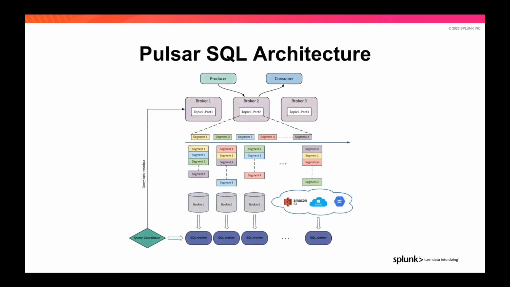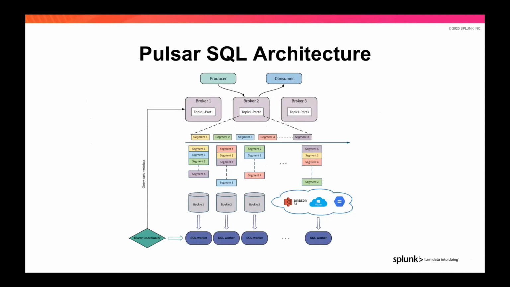And here is the general architecture of Pulsar, as well as the SQL layer that we've built. As I said before, producers and consumers can be writing data into a broker. The broker will then write these segments out to the bookies, and then you have another layer, the SQL worker layer, that will be directly reading data from the bookies.